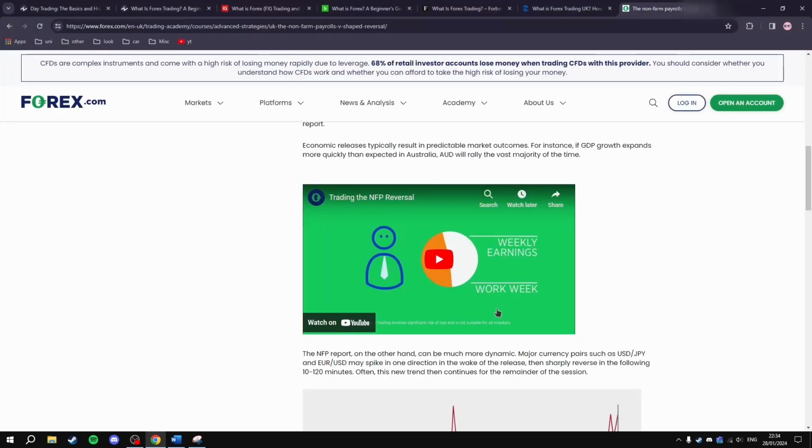Major currency pairs such as USD JPY and EUR USD may spike in one direction in the wake of the release.